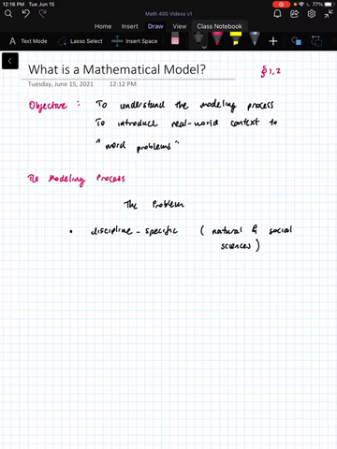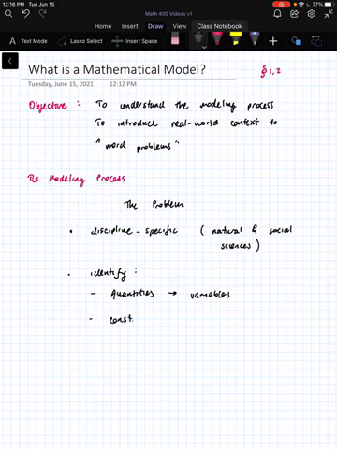And how do we identify what the problem involves? Well, when we identify what we're actually looking at, we're talking about quantities that are involved. All of this must be quantifiable. And this results in variables. We're interested in requirements or constraints.